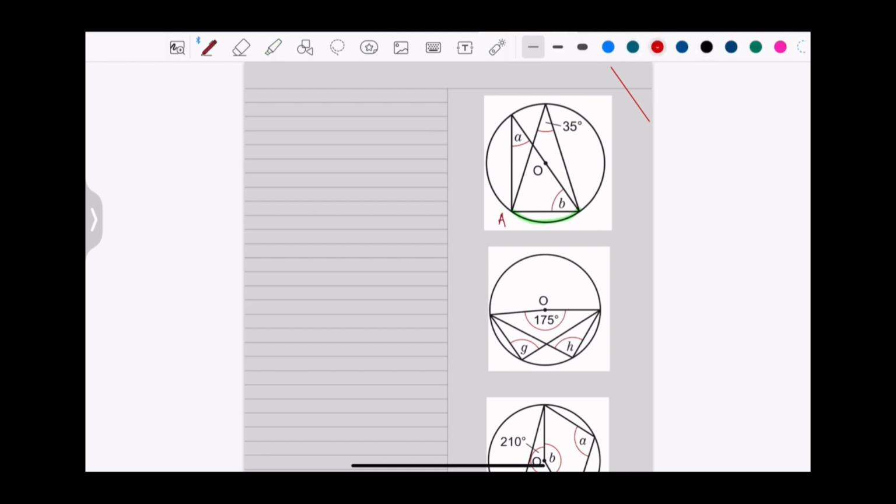Writing that down, this point here is A, and this point here is B. Now, as you can see, 35 is the angle at the circumference facing the minor arc AB. The same is angle A, facing the same arc AB at the circumference. So A is going to be 35.